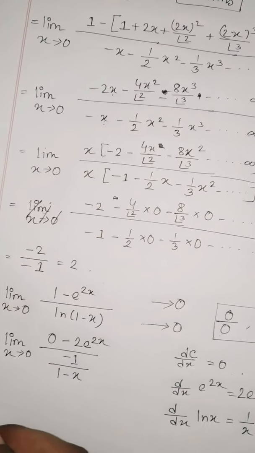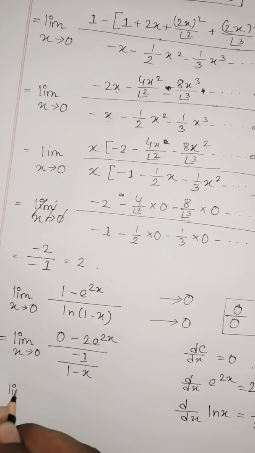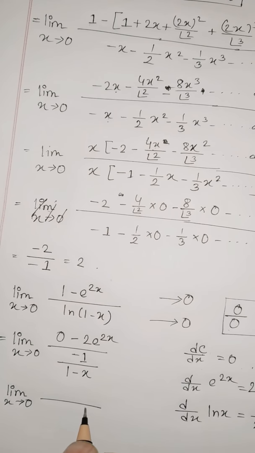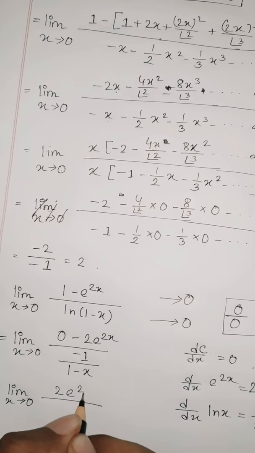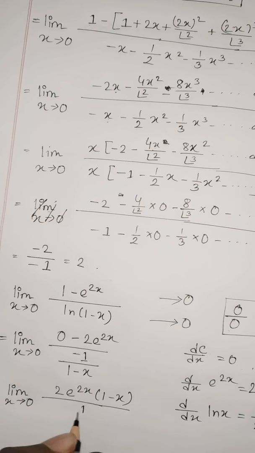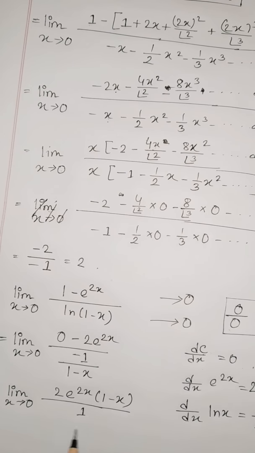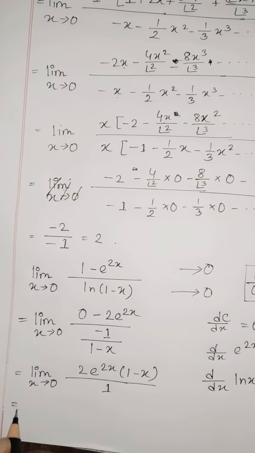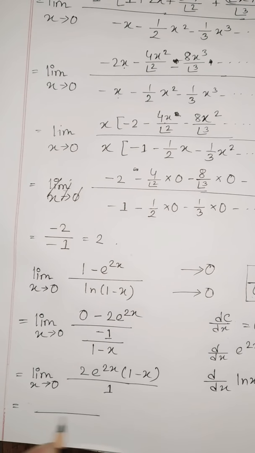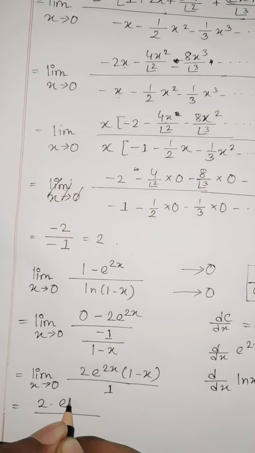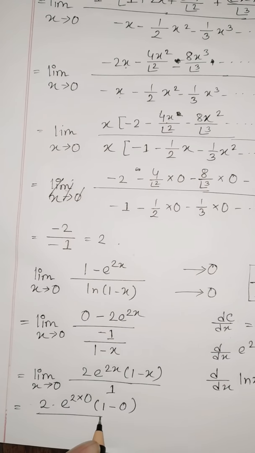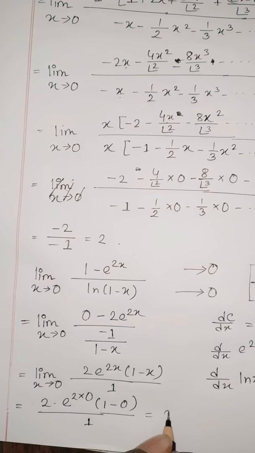Continuing with the limit of x tends to 0, the minus signs cancel, and we have 2 e to the power 2x into 1 minus x divided by 1. If we place x tends to 0, we get 2 e to the power 2 into 0 into 1 minus 0 divided by 1. Then we find 2.